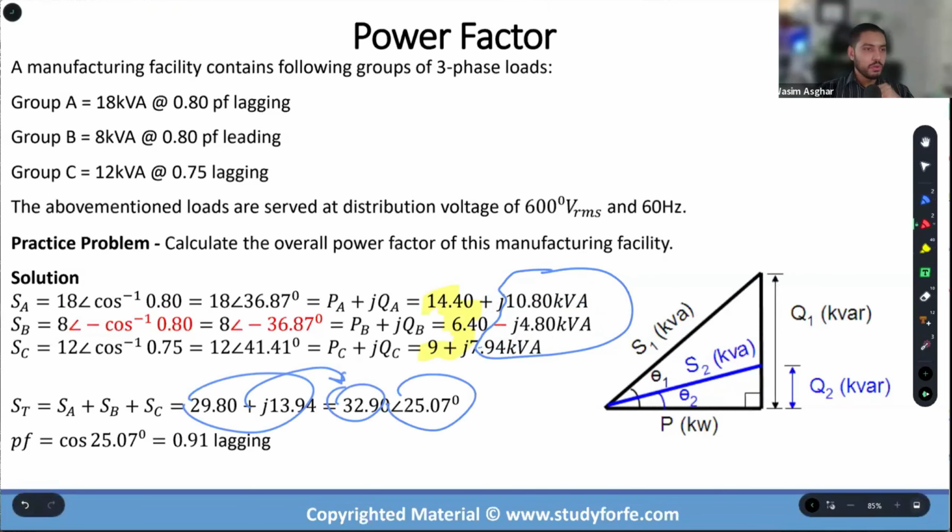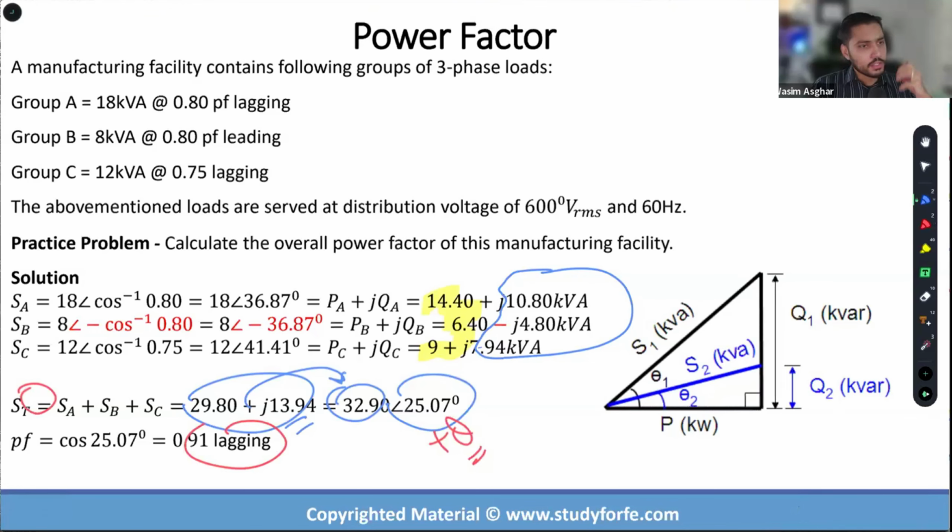And if somebody asks you to comment on the nature of the overall power factor, you say the angle theta is positive. I remember from Wasim's webinar that if theta is positive for the complex power, that is lagging. And our Q is also positive, so this whole facility with the collection of groups A, B, and C is still consuming reactive power.